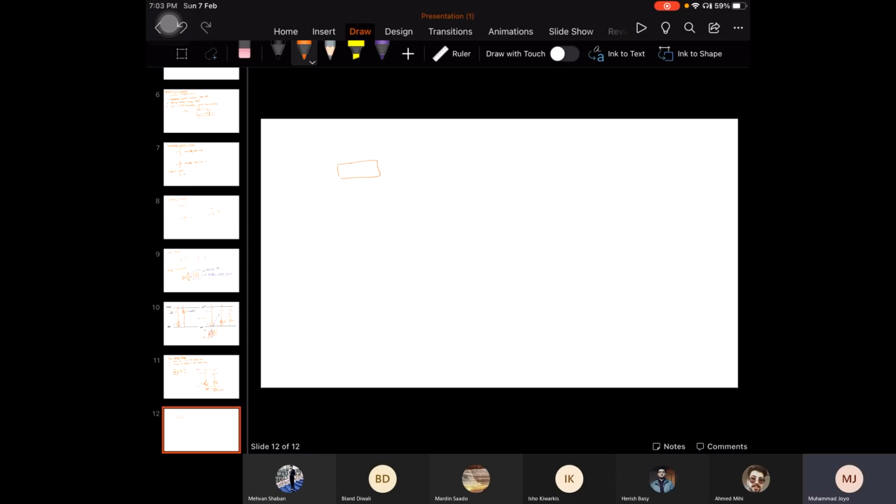An off delay timer. The symbolic representation is like this. We have a coil A1 and A2, but instead of a cross, this part is basically filled.